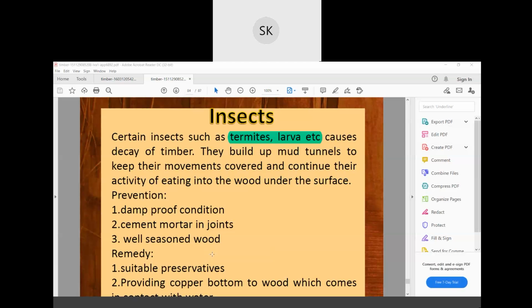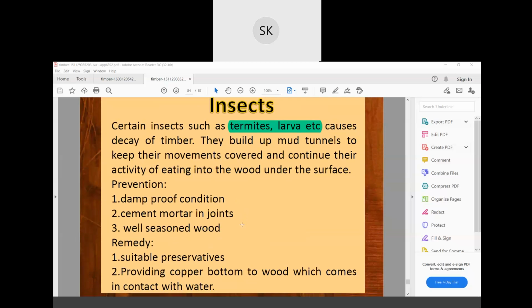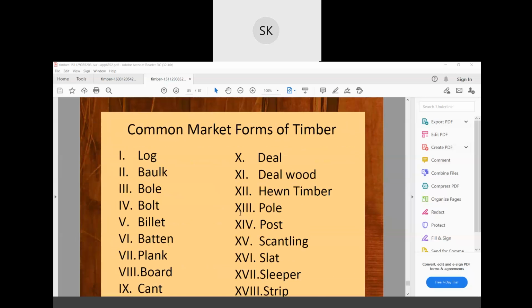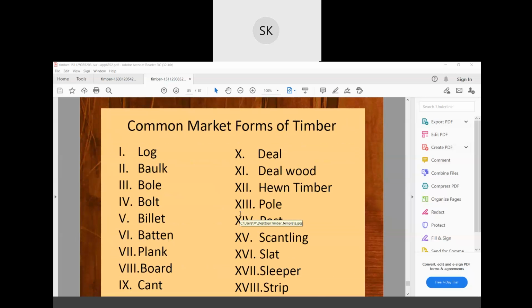They build up mud tunnels to keep their movements covered and continue their activity of eating into the wood under the surface. So for this, you have prevention: damp-proof conditions, cement mortar in joints, well-seasoned wood. And the remedy is a suitable preservative, providing a copper bottom to wood which comes in contact with water.